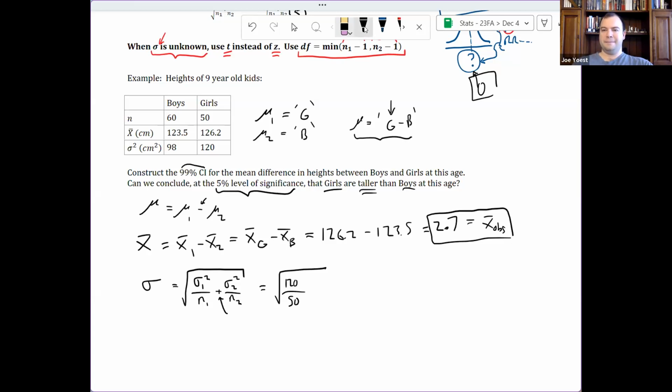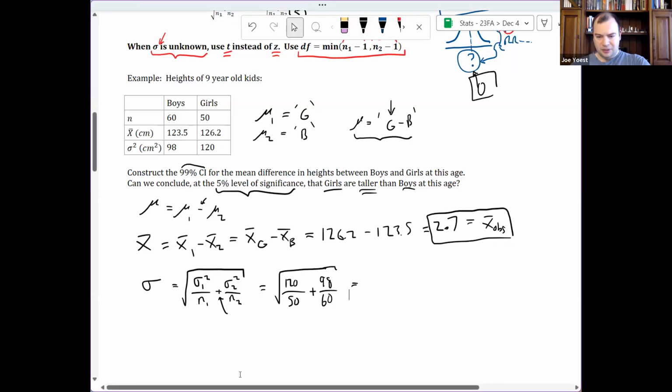It's just 120. And then sigma squared for the boys is 98 over the sample size for the boys, which is 60. And let me jump over to the calculator for that. I will switch my screen share here.